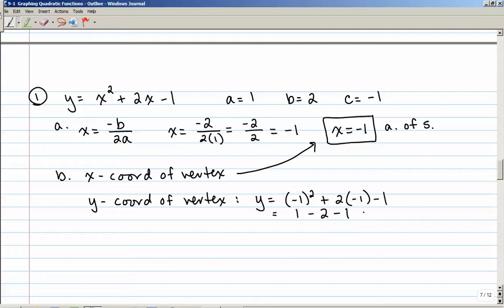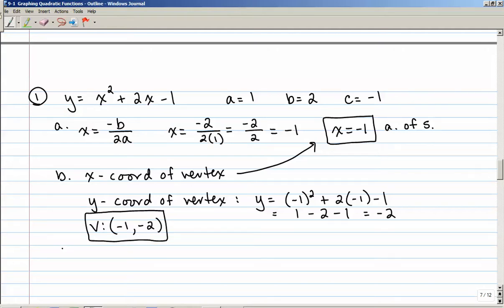And that's going to give me y equals -2. So my vertex is the point -1, -2, when I plugged in -1, I got my y is -2. So that's my vertex.